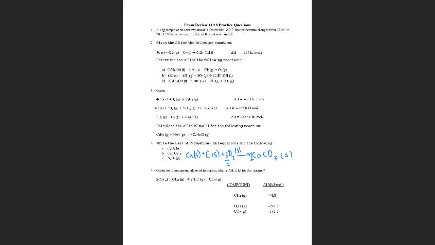Okay, so let's do the last one, N2O4. So what makes up N2O4? Dinitrogen tetraoxide. Yeah, N2 and O2. And what state of matter are these in?